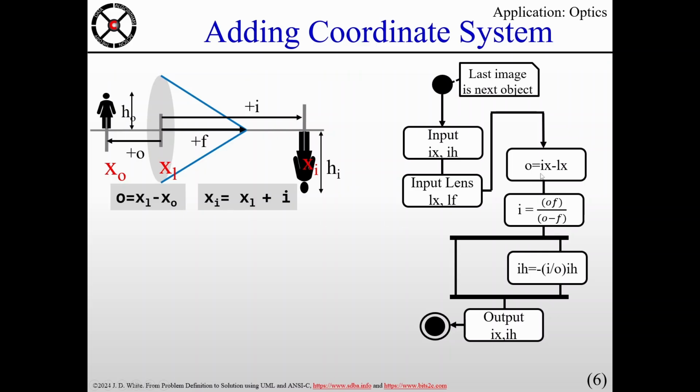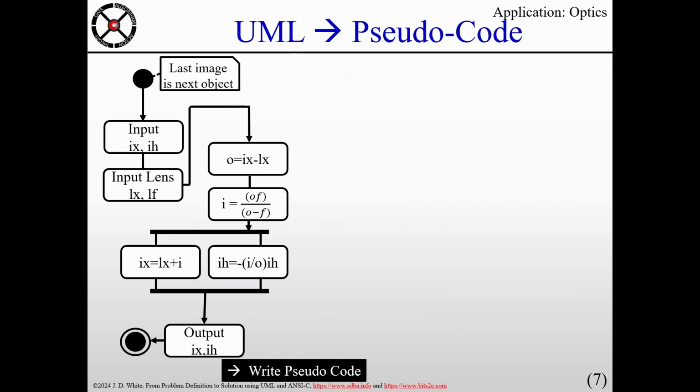And that will calculate my O. And the other one will calculate IX, which is going to be XL plus XI. Okay, so I'm going to have to add those two extra lines into my code. So there's basically the code we're going to be entering.